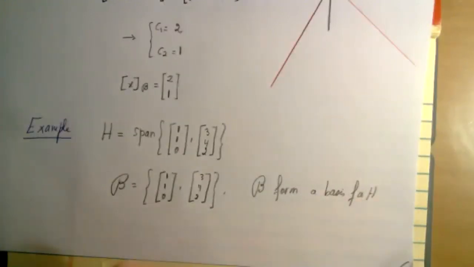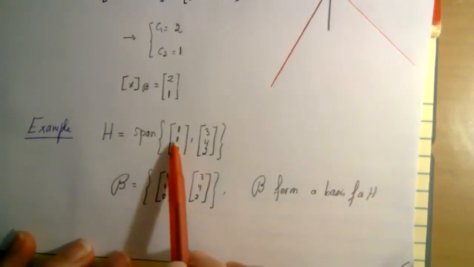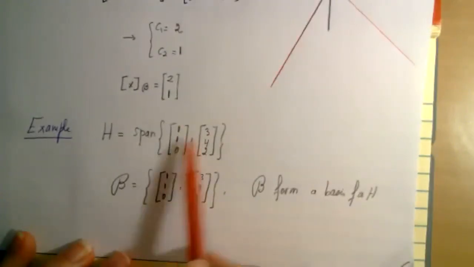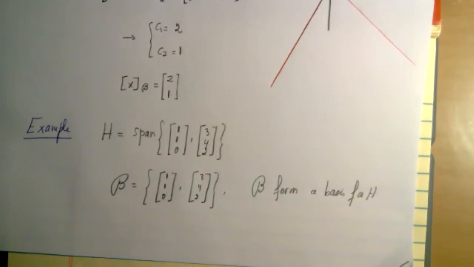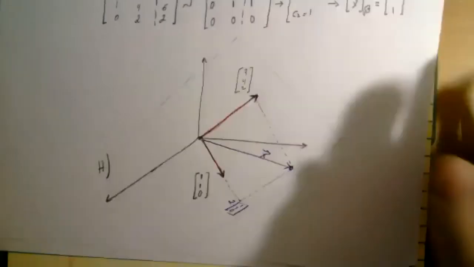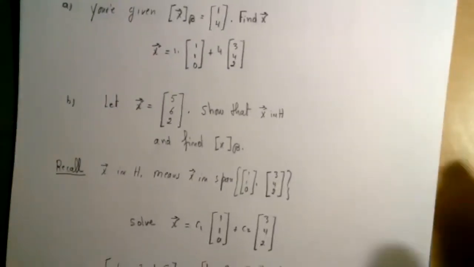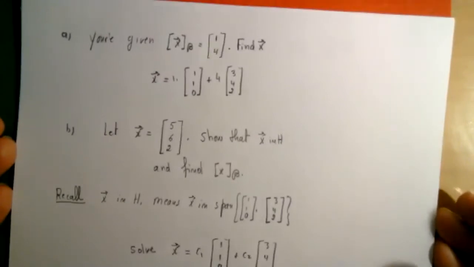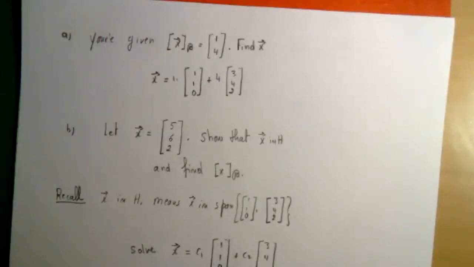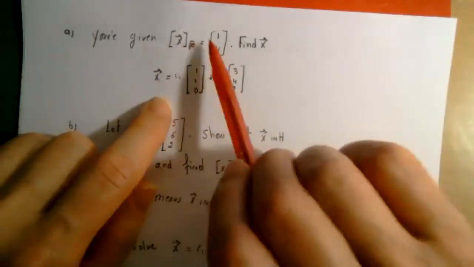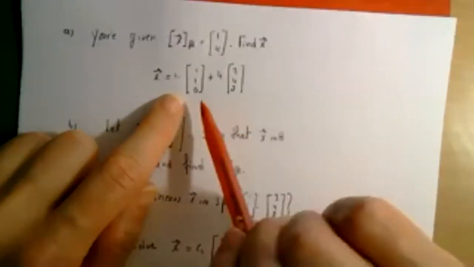So now I am in R3, but my subspace is not all of R3. My subspace is basically those two vectors in R3. It's slightly different from the previous example because H is not R3, H is a subspace of R3. Now I'm giving you the following question. You're given that the coordinate of X with respect to B is (1, 4).